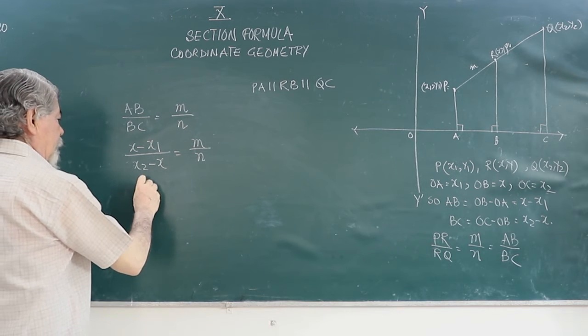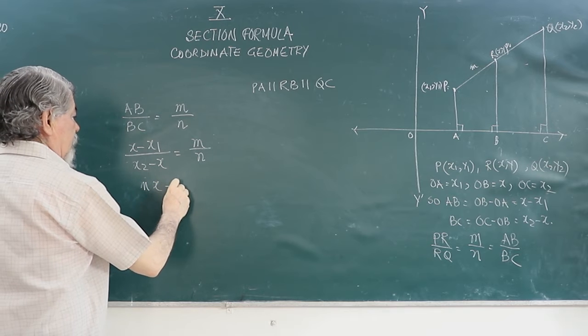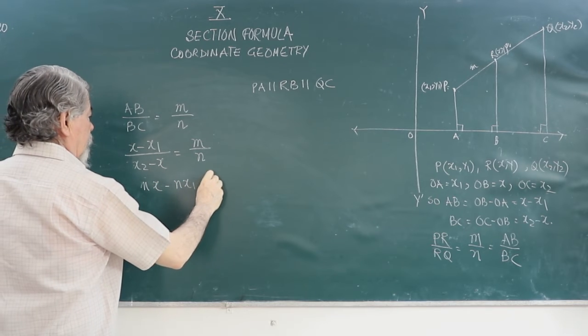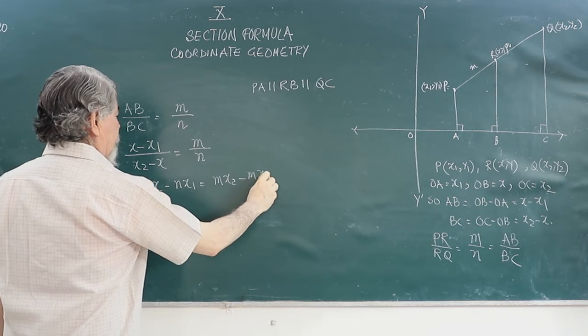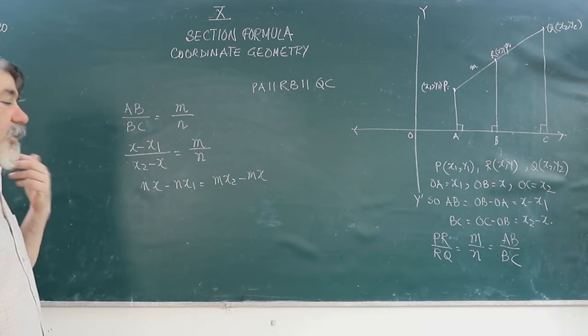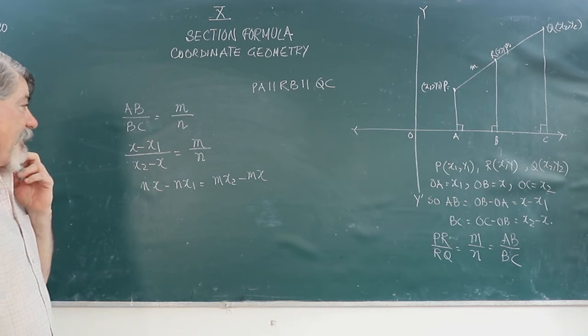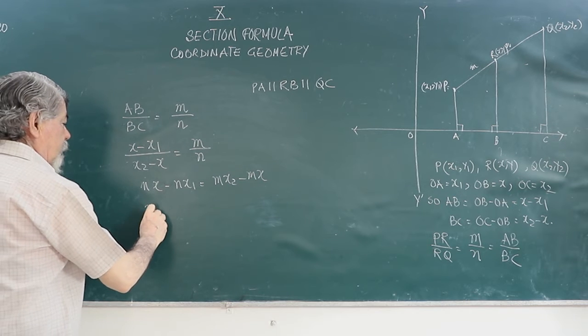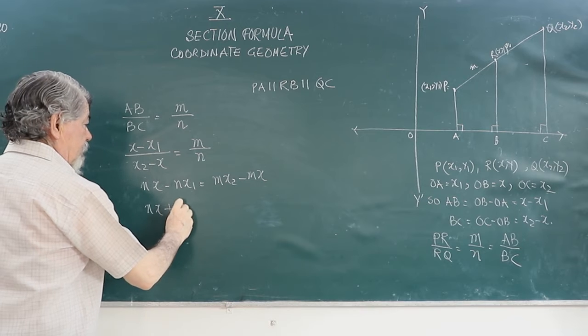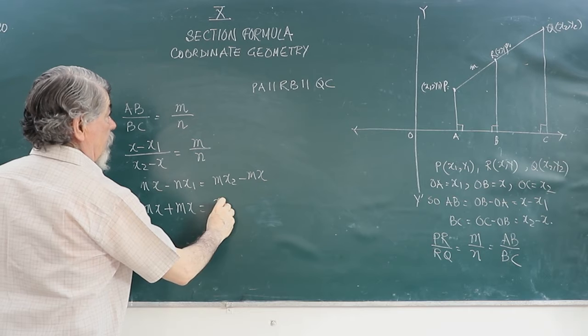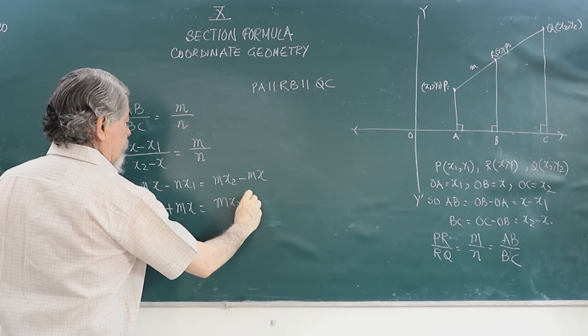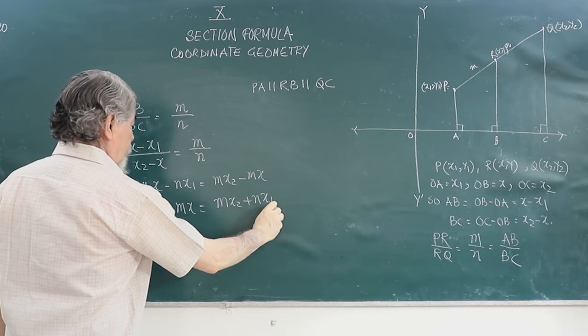We'll get n into x minus n into x1 is equal to m into x2 minus m into x. Now transfer x terms to one side: nx plus mx is equal to mx2 plus nx1.